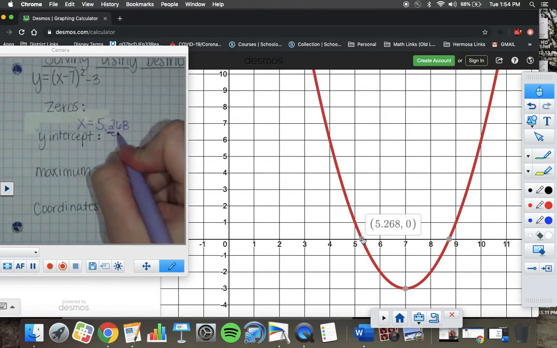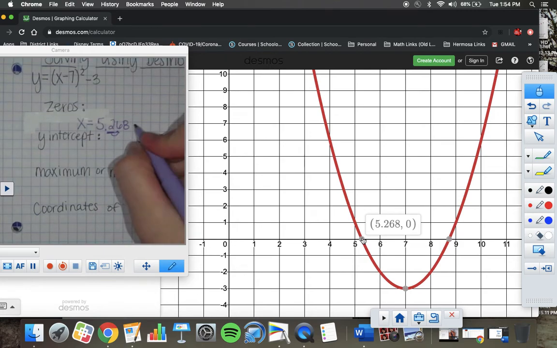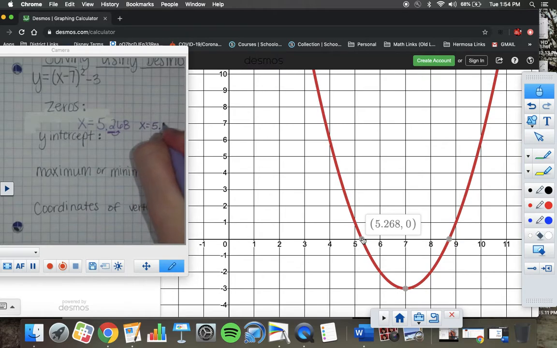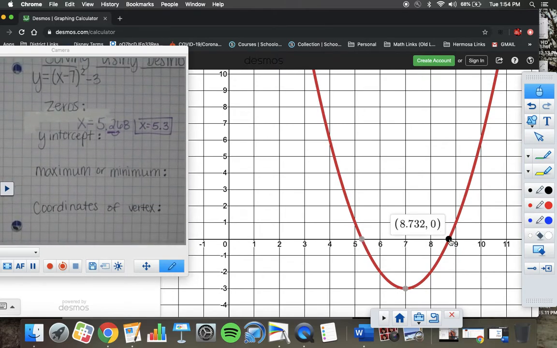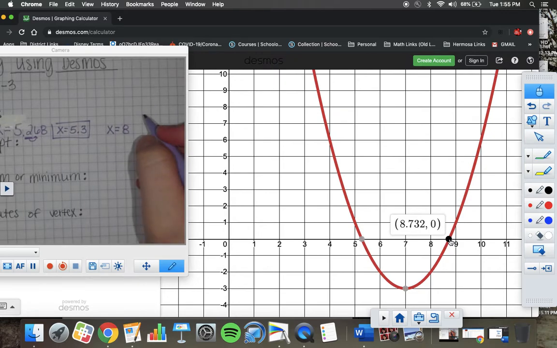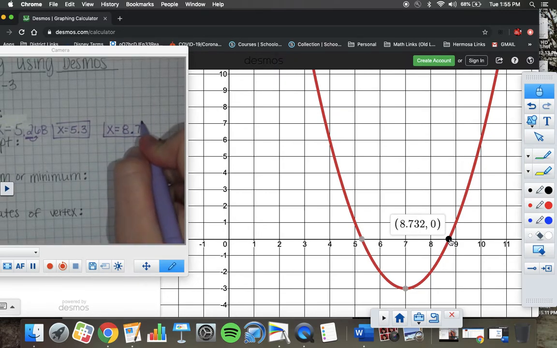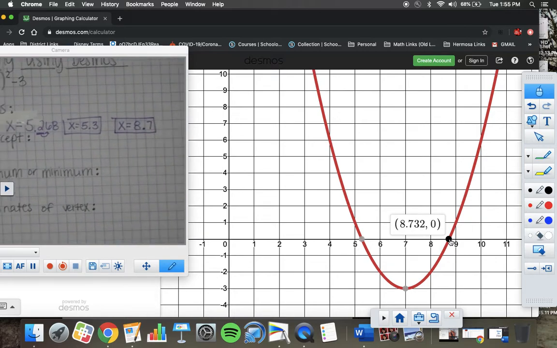We'll just make it round. So the 6 makes the 2 a 3. So it would be x equals 5.3. So that's one of the zeros. Now just click over here and it'll give you the other one. So x equals 8.73, which the 3 would just get dropped off. Okay, so those are the zeros.